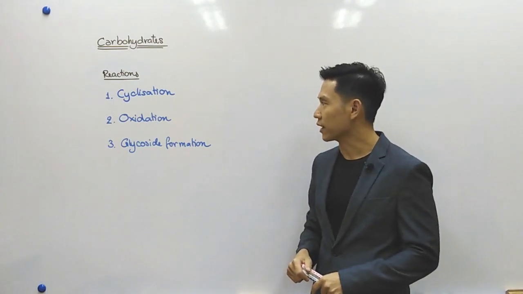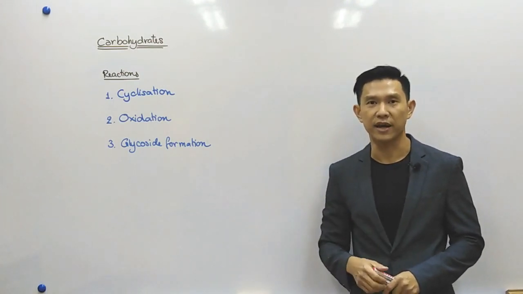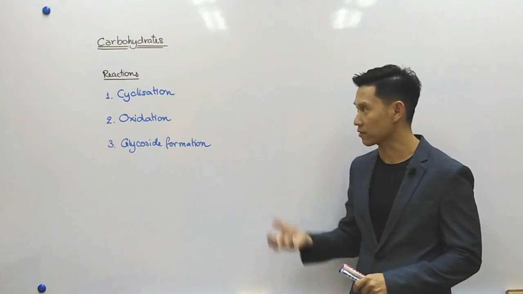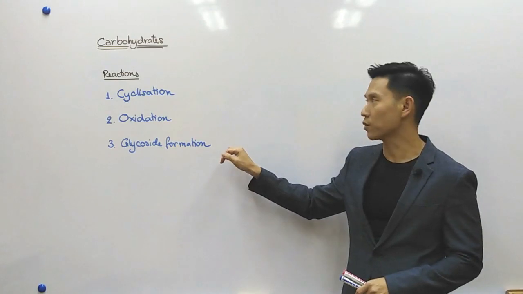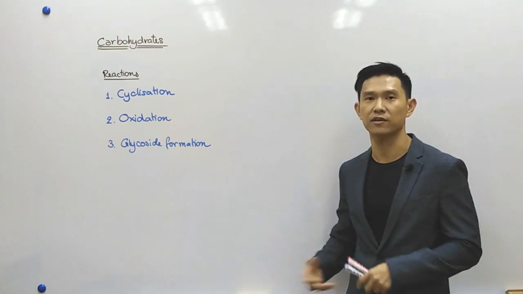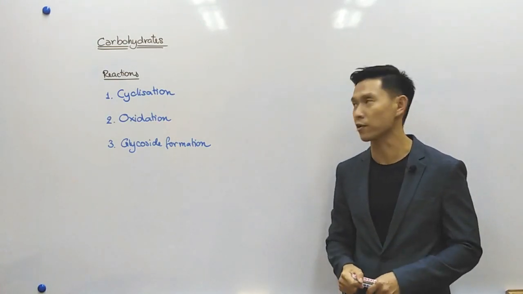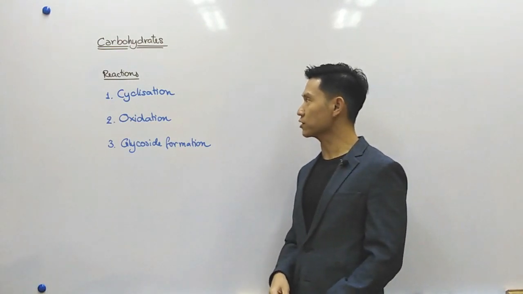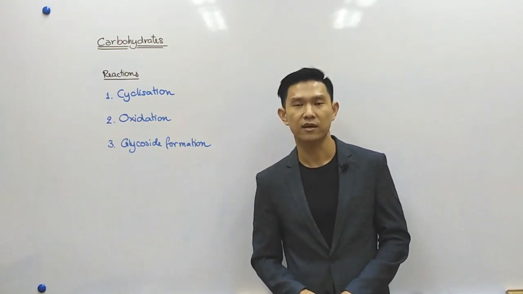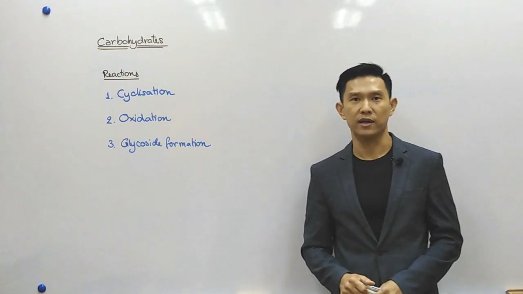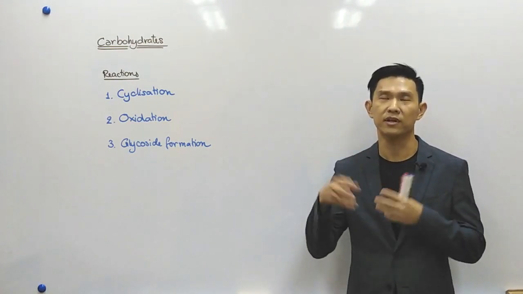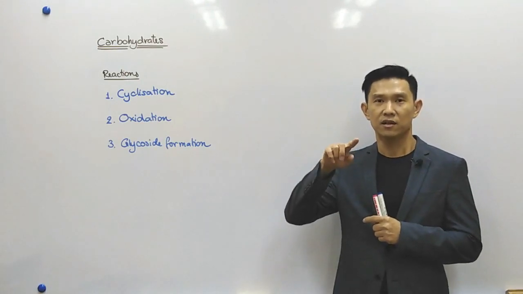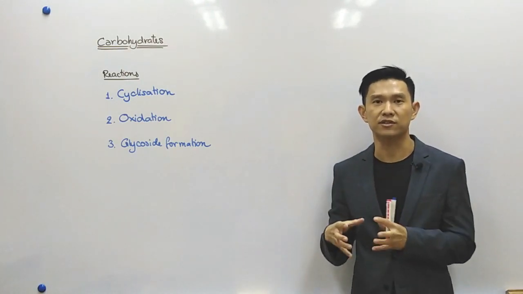And then we're going to look at the oxidation, which is a very important reaction of the saccharide as well. And then we end with the glycoside formation, which is the way we construct higher order or bigger molecules of carbohydrates. So let's start with the first reaction, cyclization. So cyclization is a way that glucose or other monosaccharides can cyclize itself into a cyclic structure.